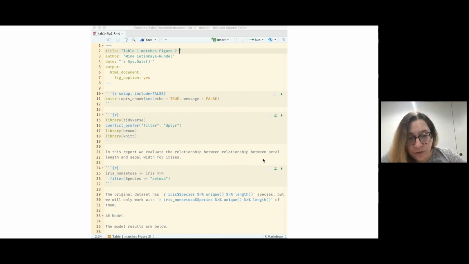But then if you scroll further down, you'll see that there are R code chunks that are shown in slightly gray. And then I also have some prose in there as well. So lines 21 and 22, for example, are giving me some text that are actually maybe my interpretation or my introduction or my data analysis.